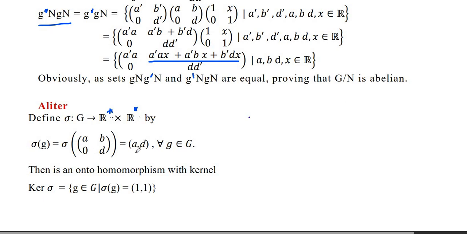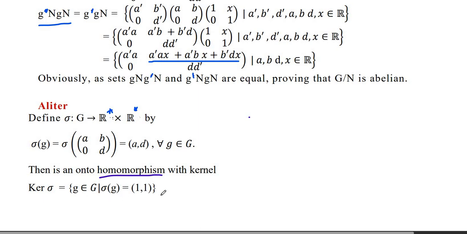We define that to be the ordered pair (A, D). Then this is obviously onto, because any element will have a number of pre-images with B varying. So it is onto, and homomorphism can also be proved, that sigma of G prime is the same as sigma of G into sigma of G prime. Homomorphism will be discussed only in the next section.